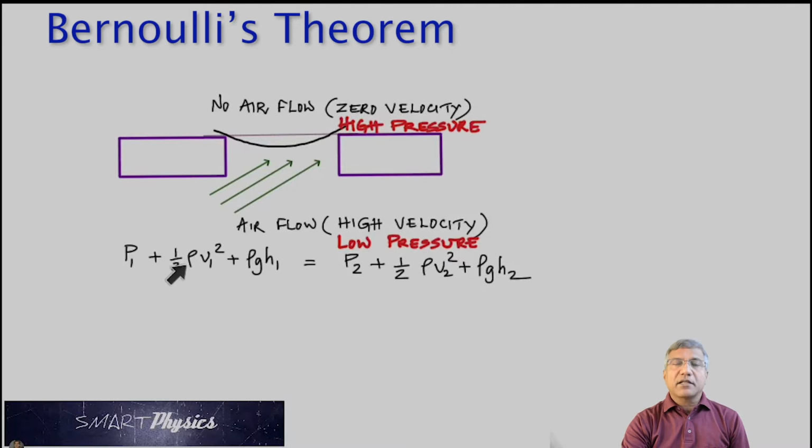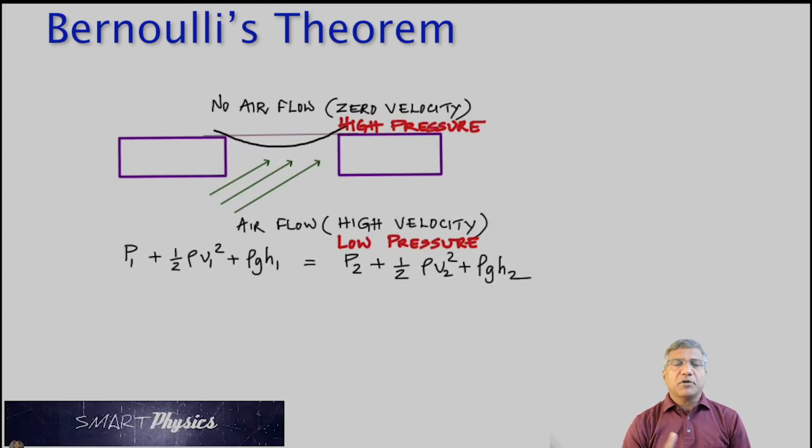Now we know that kinetic energy is 1/2 times mass times velocity squared. And so density appears here because I've divided the mass by volume, and you know that mass by volume is density. Same thing here, potential energy is mgh, and when you divide mass by volume, you have density.